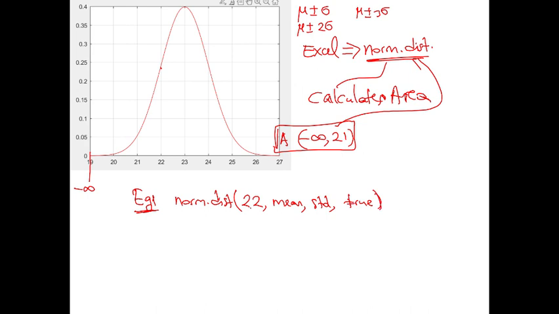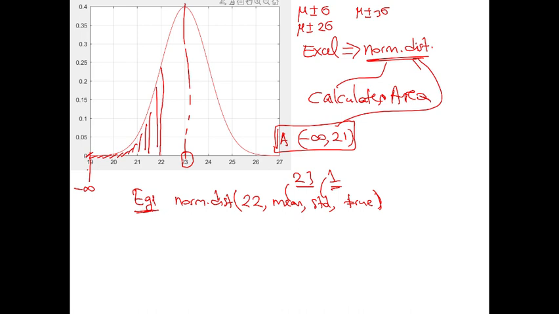The mean value is the mean that you specify, here it is 23, and the standard deviation here is 1. So this means calculate the area of a normal distribution with a mean of 23 and standard deviation of 1, from negative infinity to 22. Excel will find the area of this part. Okay, this is the first one.